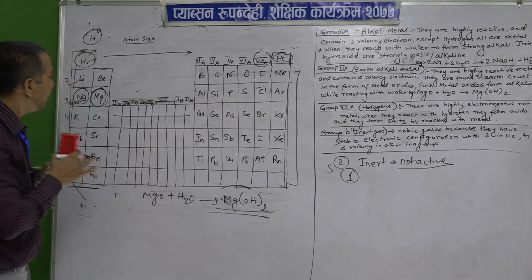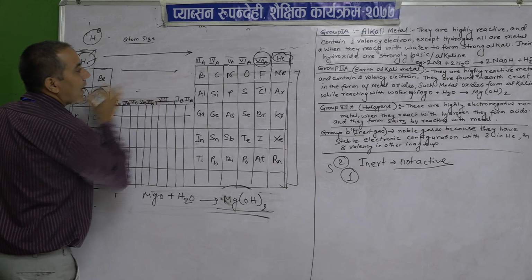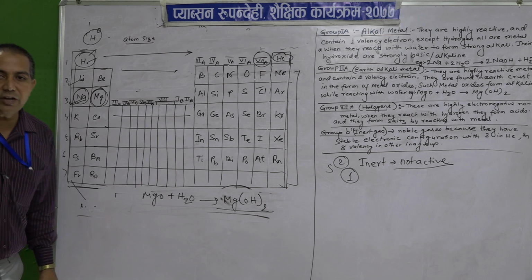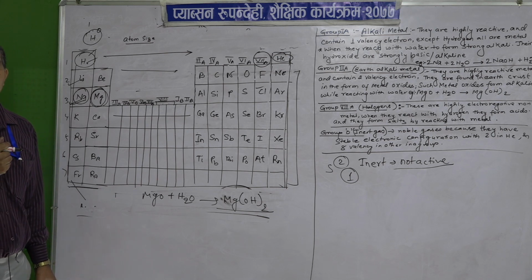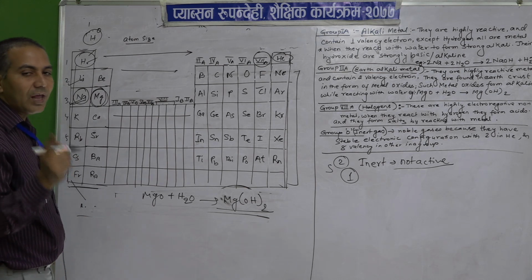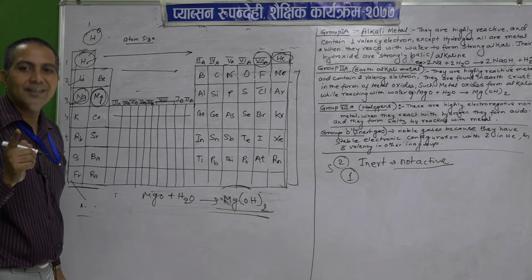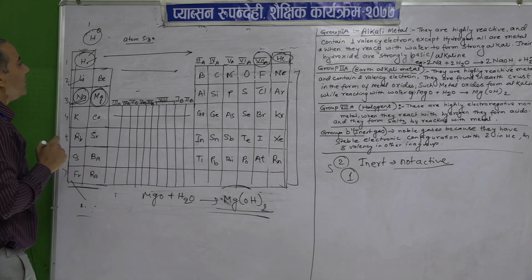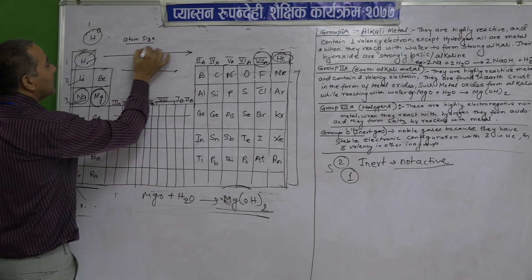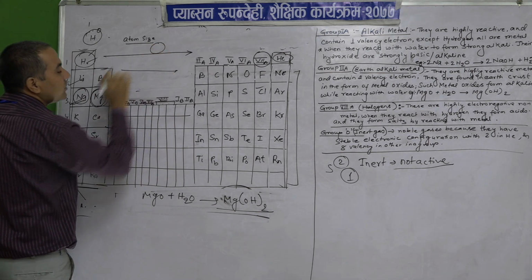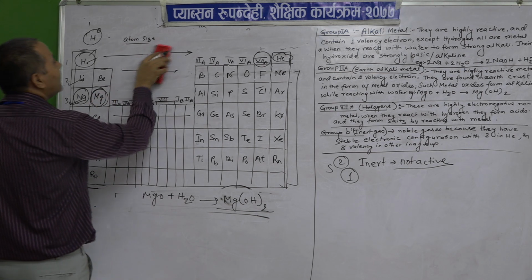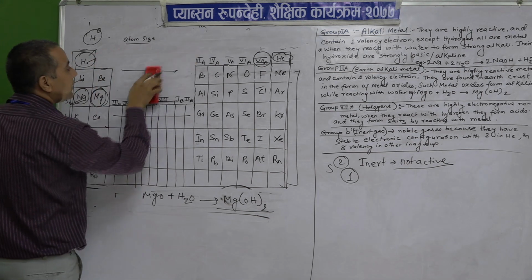Will the atomic size increase or decrease? Yes, the atomic size will remain almost the same. Why? Because there is no major change in atomic radii. Then what will be the atomic size when they go vertically?